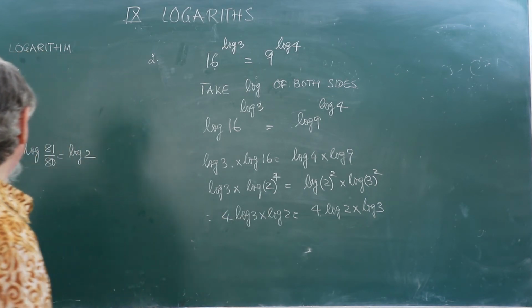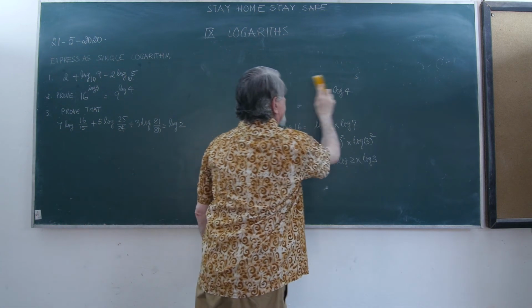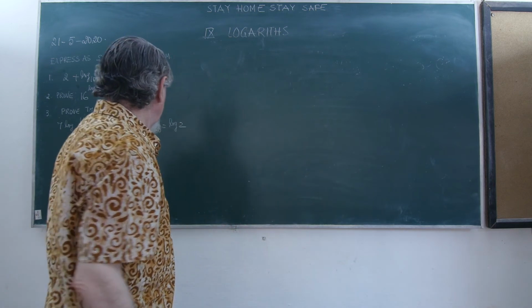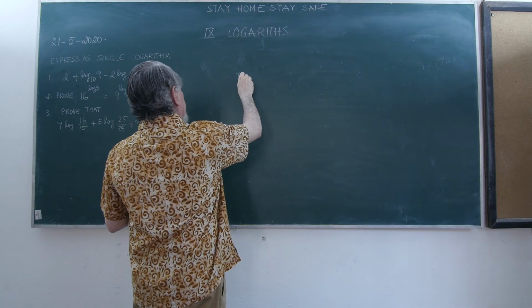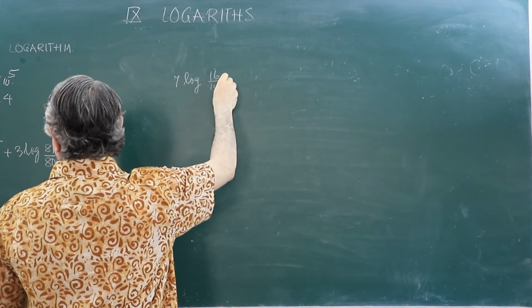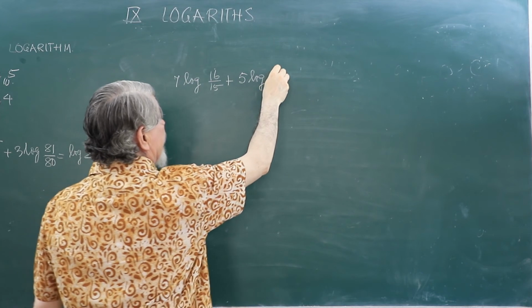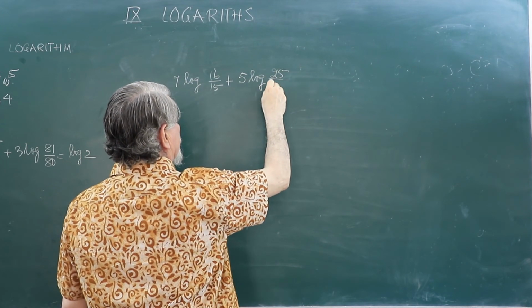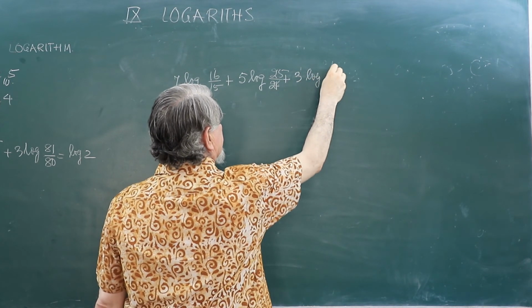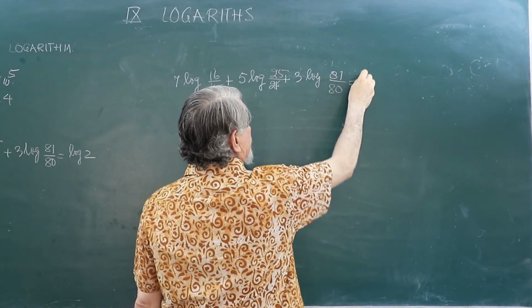Now let us see the third part. Prove that 7 log 16 upon 15 plus 5 log 25 upon 24 plus 3 log 81 upon 80 is equal to log 2.